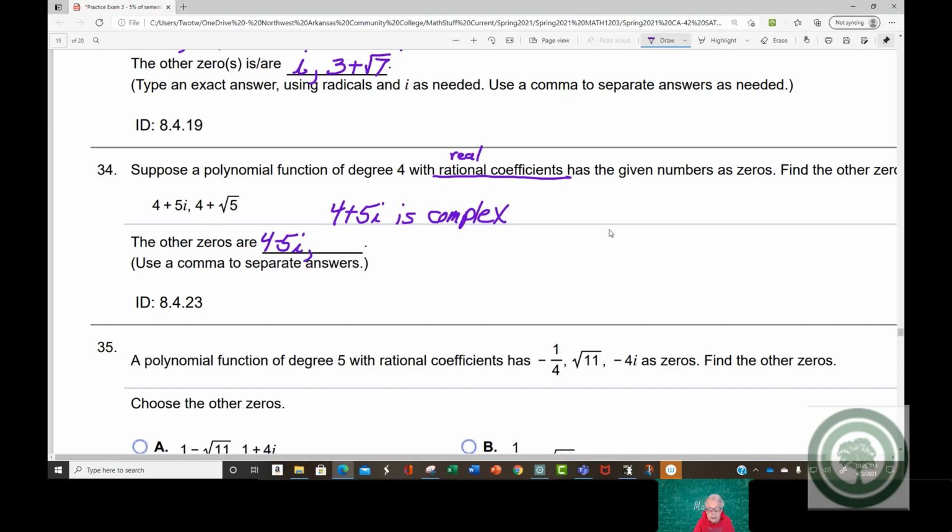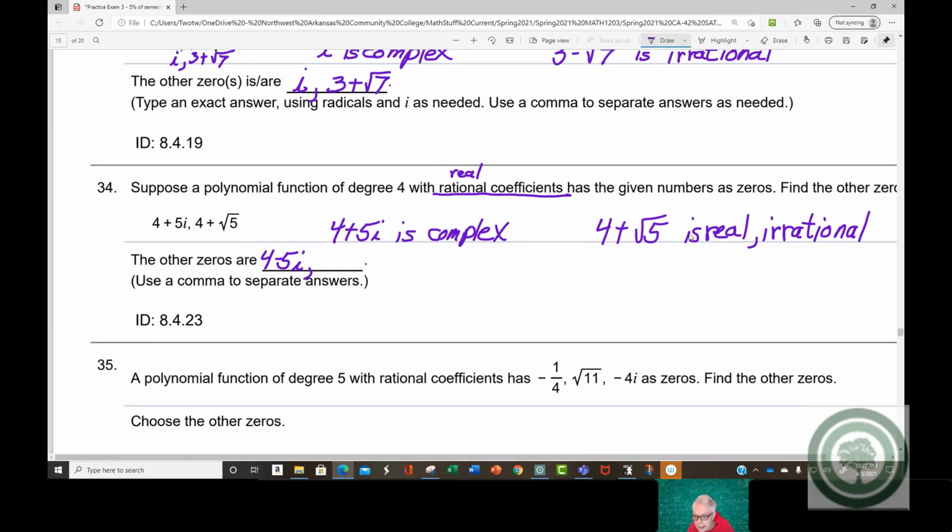Now, 4 plus the square root of 5 is real, but it's irrational. Let me erase that and move it.